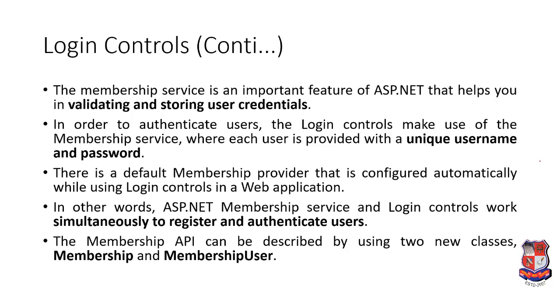The membership API can be described by using two new classes: the Membership class and the MembershipUser class. The Membership class provides the membership service on its own and also provides the functionality of creating the user, validating the user, and more.